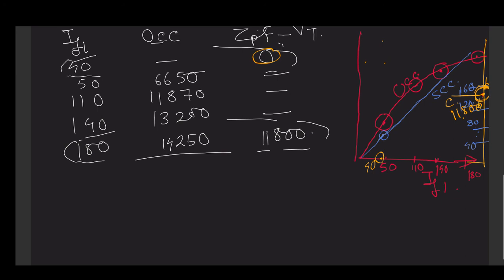So what about the length of this BC? This is also 40, right? Now, this is BC. Now from this point C, let us draw a line that is parallel to our air gap line.